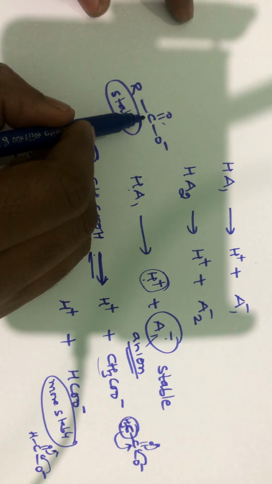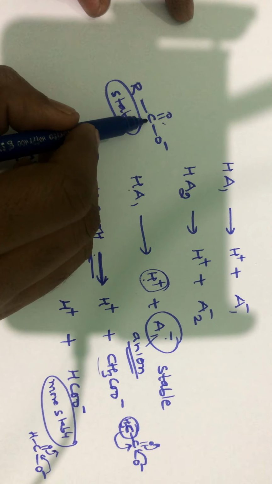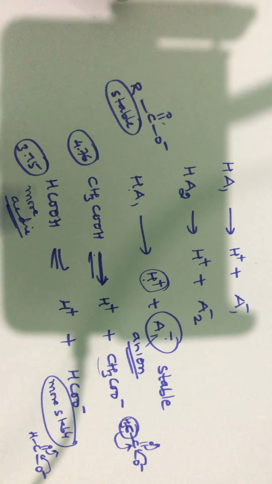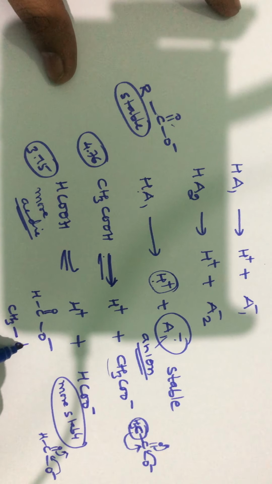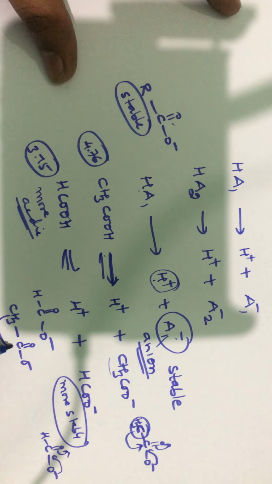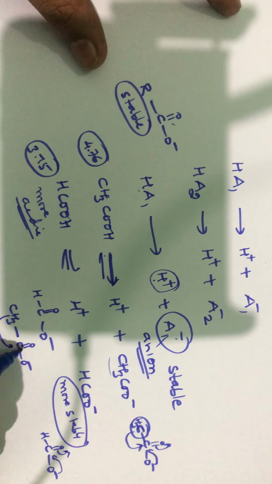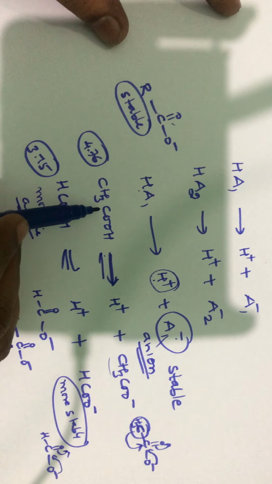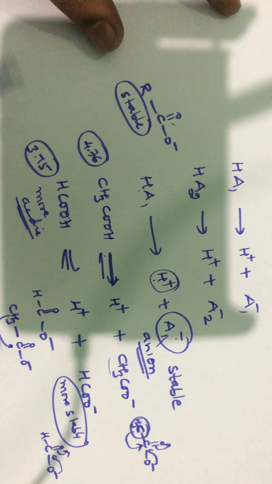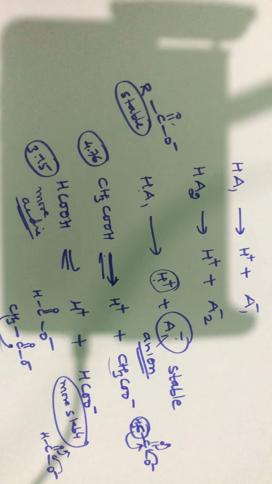If R is an electron donating group, then negative charge density will increase and it will become unstable. In the case of the formate ion, HCOO-, there is no donation taking place, whereas here there is a donation taking place. Hence it will destabilize this anion, so it is less stable, and hence less acidic. That is reflected by the pK values also. So this is one of the factors that affect the pK value.